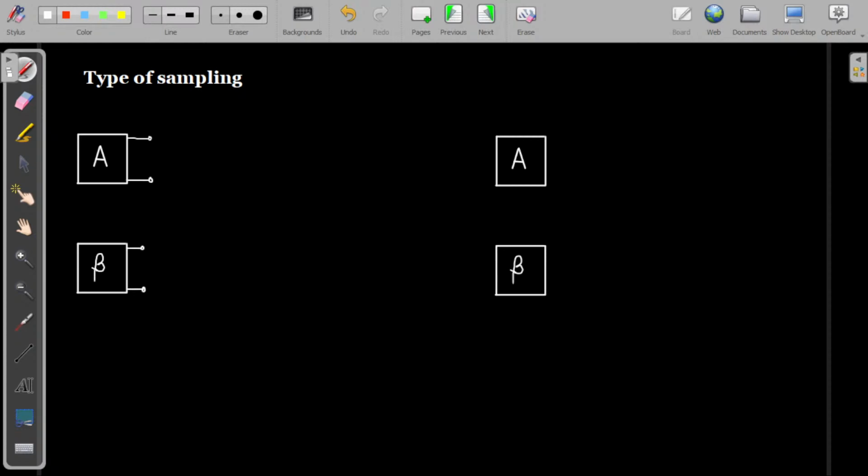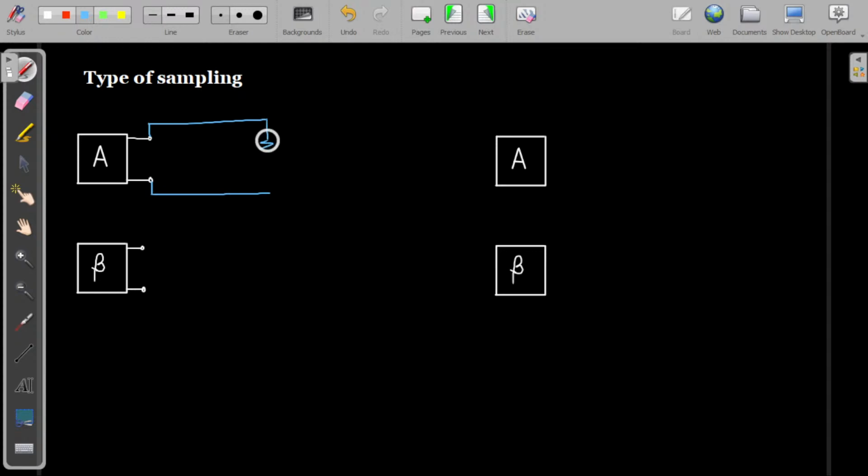Okay, now if this is the feedback path, then we can connect the feedback path in this pattern. Let us say we have connected a load resistance here.